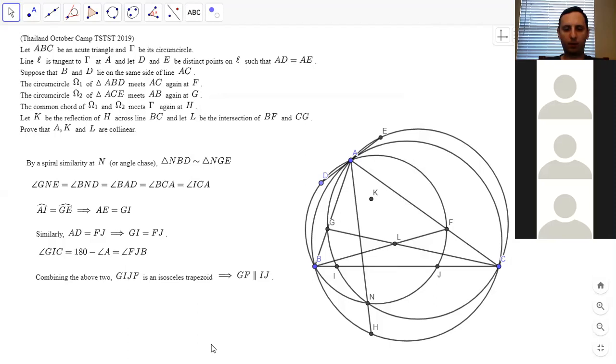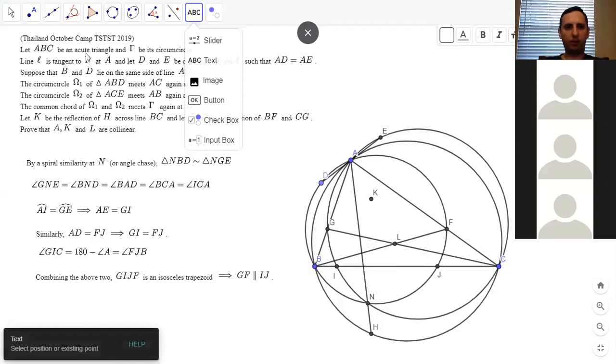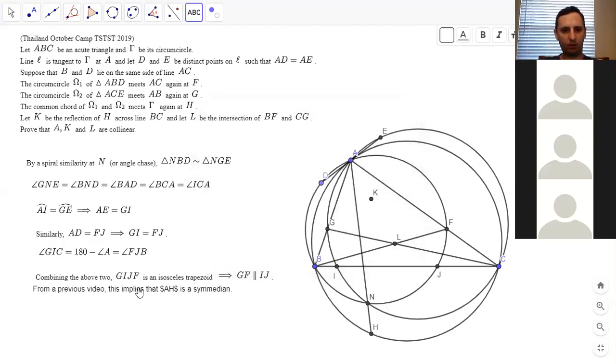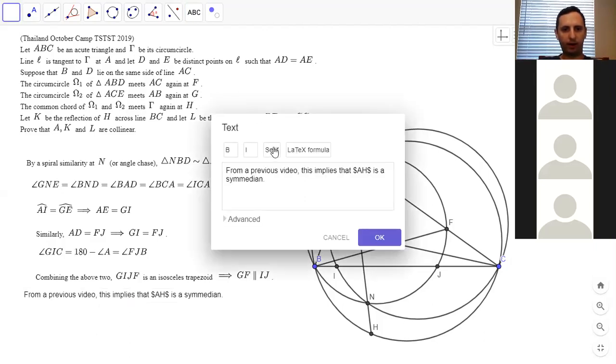Okay, so this is the main part. So from a previous video, that implies that AH is a symmedian. And then at the same time, that implies that AK is a median. That's well known.